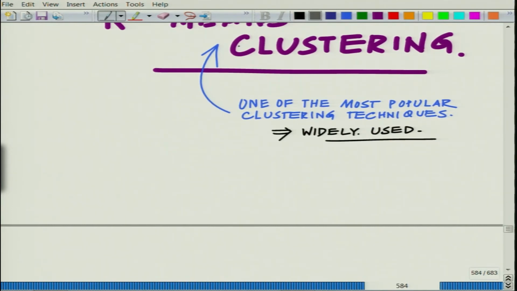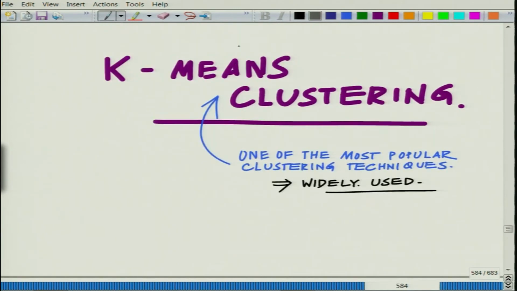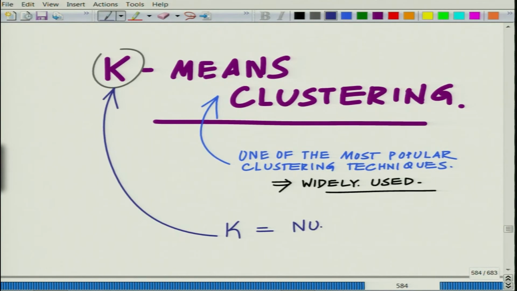And the name is simple: the k denotes the number of clusters. If k equals 2, then it will be binary clustering, and so on. So, k denotes the number of clusters.